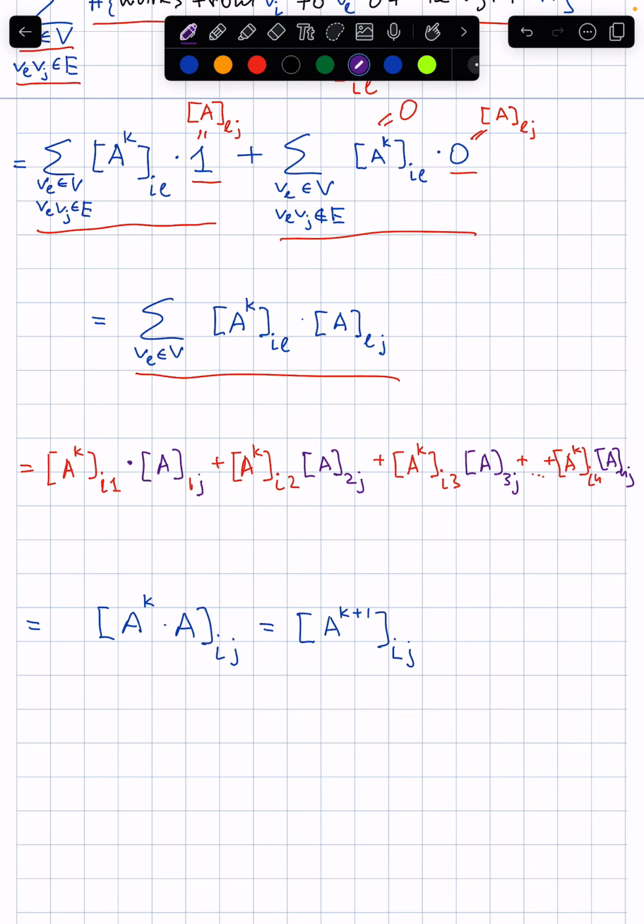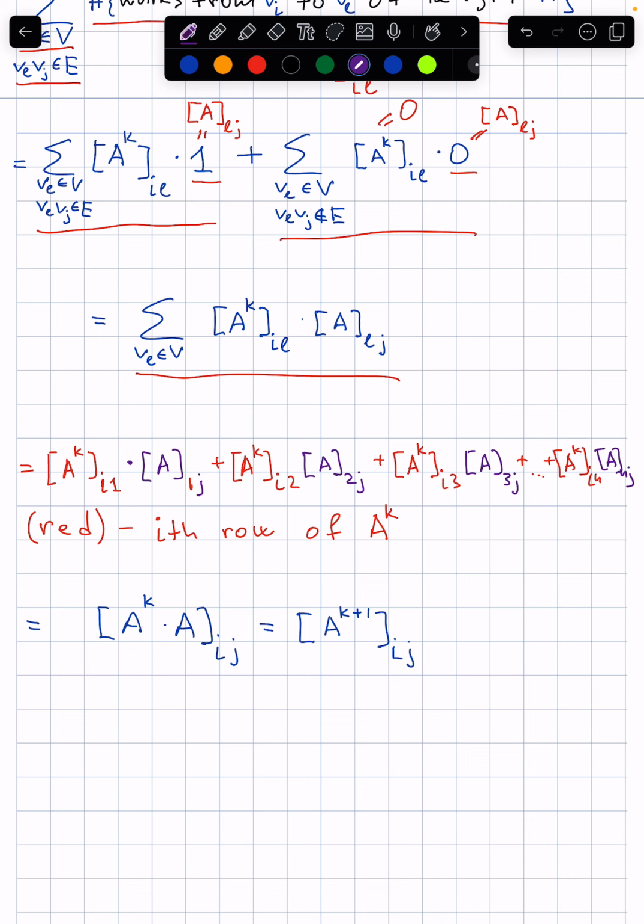And here in red, we get the ith row of the matrix A to the kth power, right? Because i is fixed, and we take i1, i2, i3, and so on, in. That's exactly the ith row of A to the k.